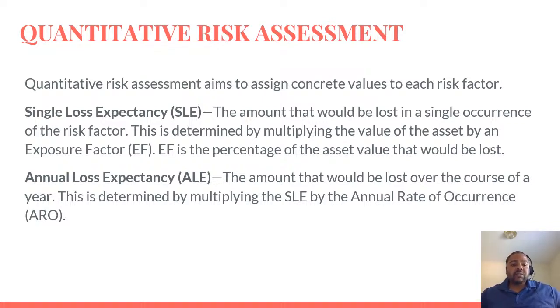In quantitative, we're talking about the single loss expectancy. If we have a router that goes down, what's the single loss, what did it cost us? How much was that router worth? That's normally your single loss expectancy.